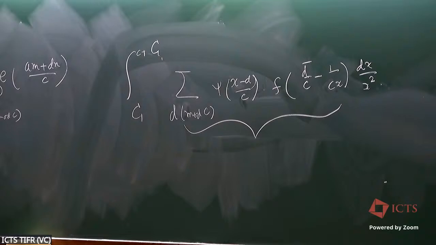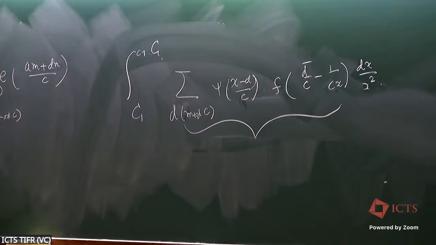And also, I am only interested in the special case f of x equal to e(n x). Okay, that's the case which I am interested in. Even though I proved everything with respect to f, on the other hand, I am only interested in this.